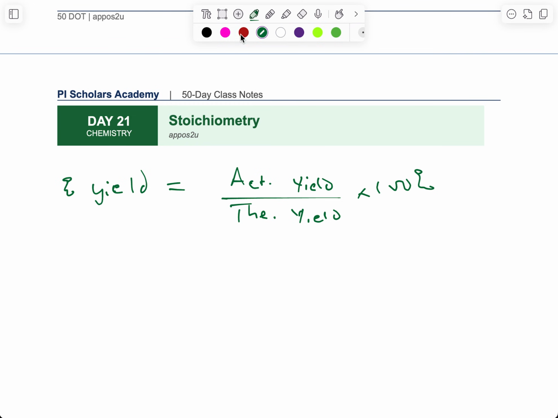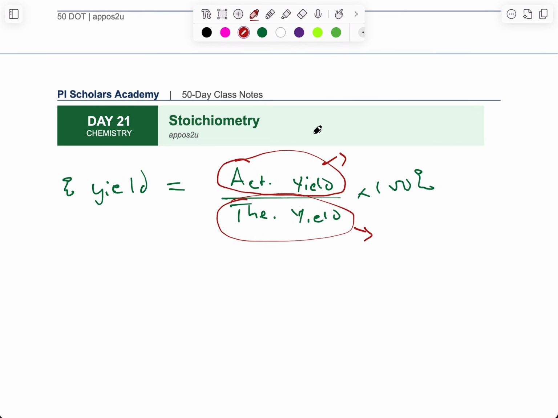What is actual yield? Actual yield is what you got in the lab, in your experiment. Theoretical yield is what you were supposed to get. If you do the normal computation, it's the maximum product that you expect to get during a reaction. But actual yield is the exact product that you are able to get during the reaction, maybe due to one or two things or the other.